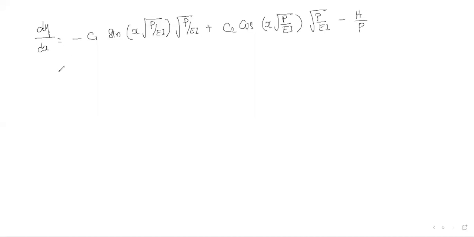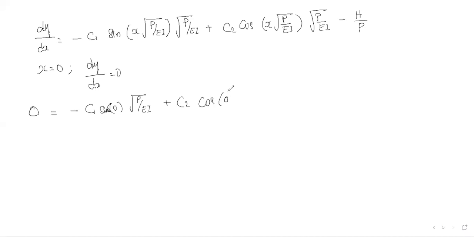In this equation, we substitute the second boundary condition, that is x is equal to 0 means dy by dx is equal to 0. So minus C1 sin 0, correct? Plus C2 into cos 0 into root under p by EI minus h by p.